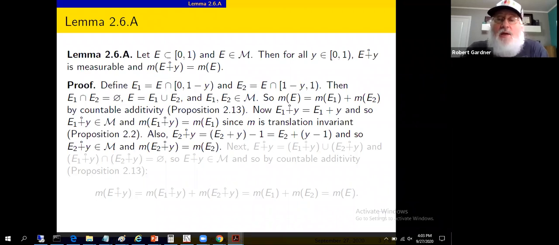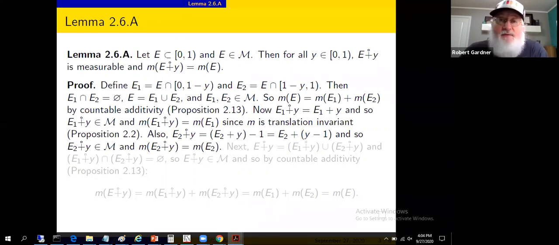So it's looking like measure is circle plus translate invariant so far, but we're only halfway there. We need to look at the other piece, and that's just a translate as well. E2 circle plus y would be E2 plus y, the regular translation. But remember, from the choice of E2, all of those E2 plus y's are greater than or equal to 1.